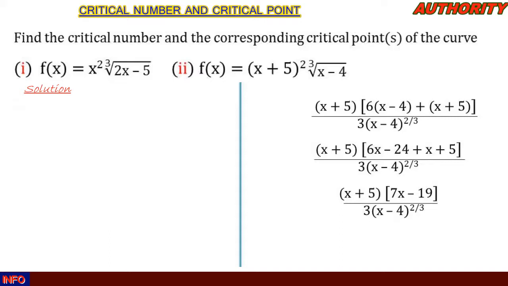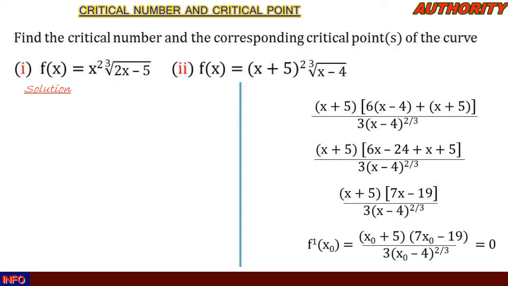Now let's go. We're going to replace x with x naught and equate it to 0. So when we do so, we have f prime of x naught is equal to (x naught plus 5)(7x naught minus 19) all over 3 (x naught minus 4) raised to power 2 all over 3, all equal to 0.